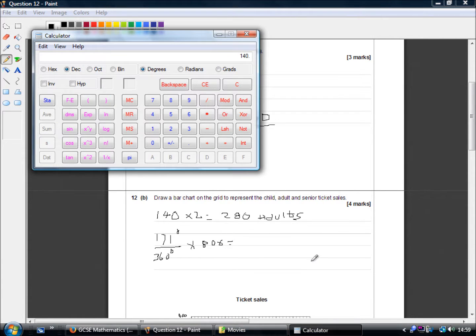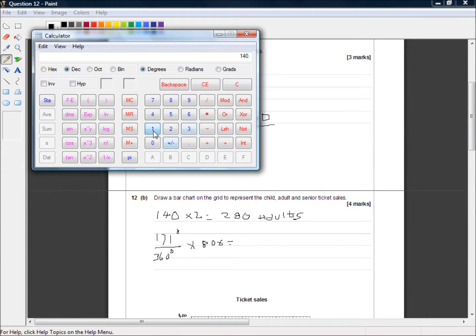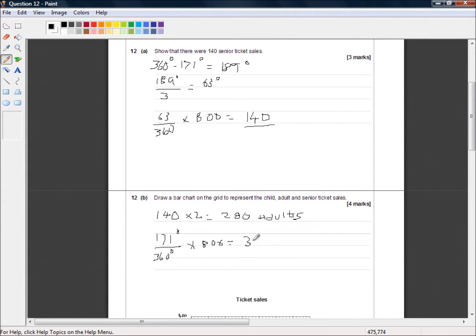And again, calculator, 171 divided by 360 times 800, 380 children.